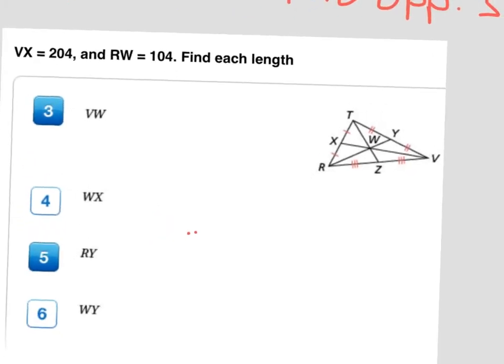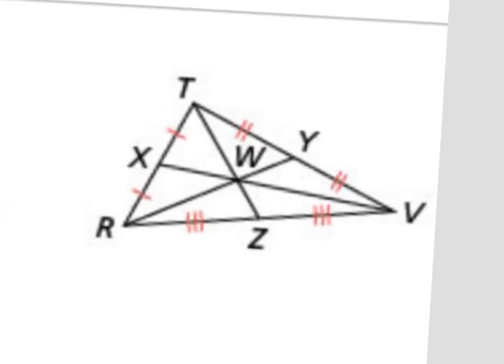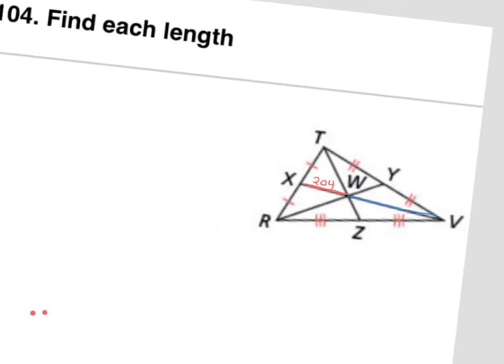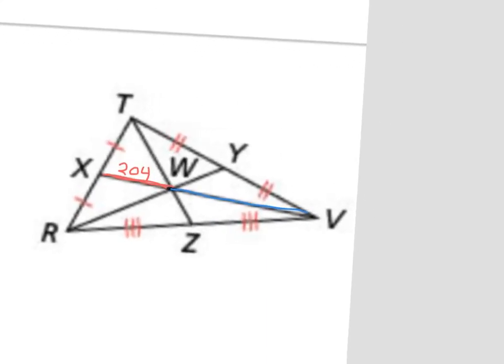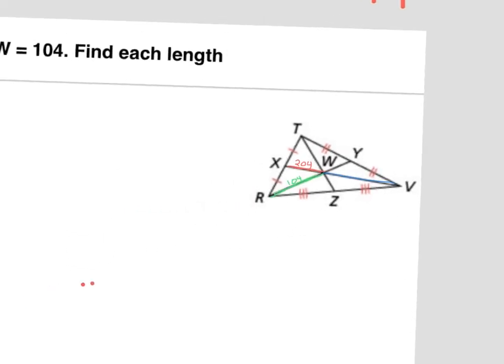So then if it says that WX is 204, and WV, oh, then WV is 408. Yeah, but what else does it tell you? It tells you that RW is 104. Only XB is not 204? Yeah, XB is 204.